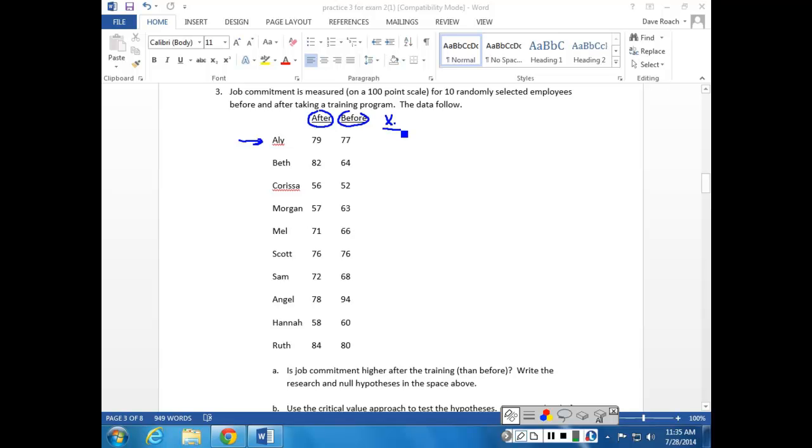We're looking at how much the job commitment went up after this program. So Allie increased by 2, Beth by 18. That's just how much they improved.